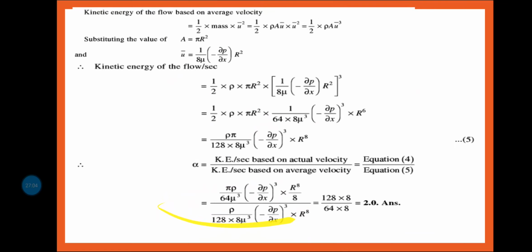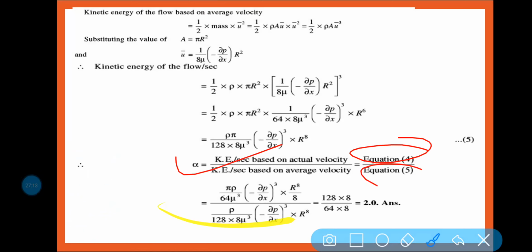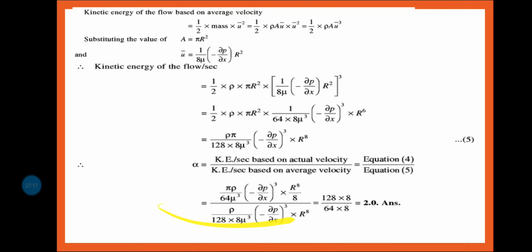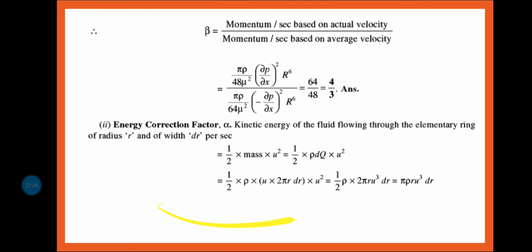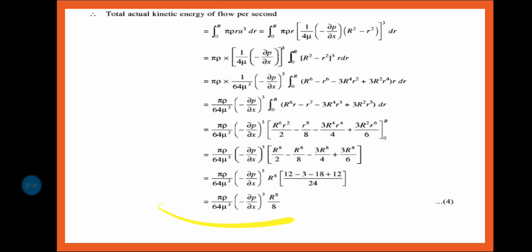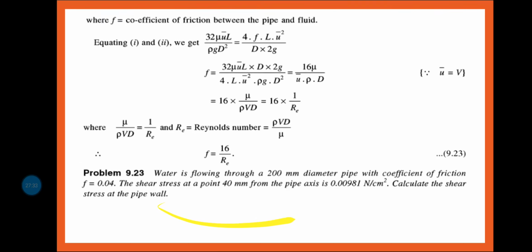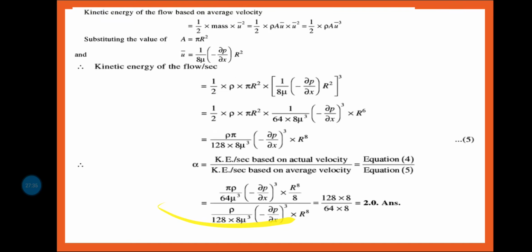So actual by average, so you have to put all the values, kinetic energy based on actual velocity by kinetic energy based on average velocity. So equation 4 by equation 5. So put all the values, you will be getting 2. So this is the value, kinetic energy correction factor alpha. Okay, so kinetic energy correction factor alpha is equal to 2, and your momentum correction factor beta is equal to 4 by 3 in case of circular pipe.